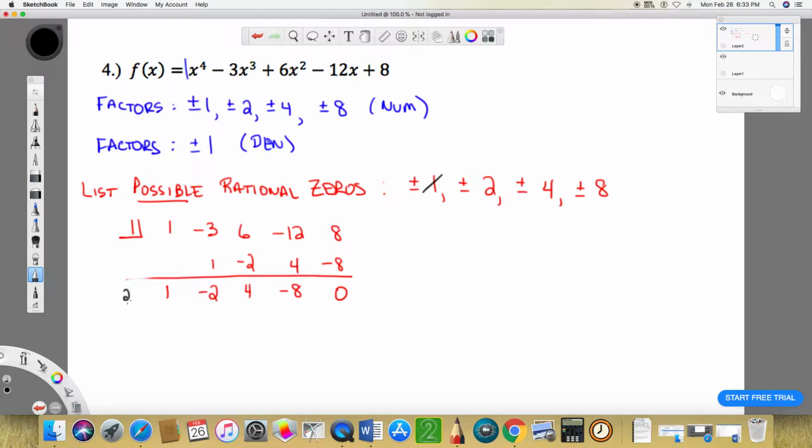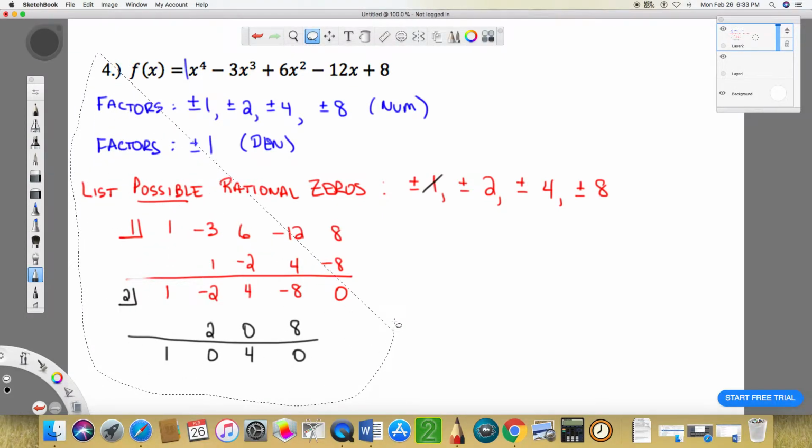So we can come over and try 2, see if 2 might work. Looks like it's got promise. Yeah, all right, it does work. So now we've got it down to a quadratic.